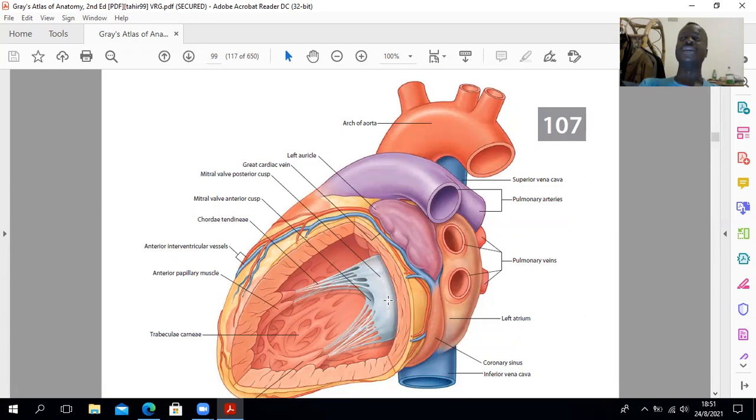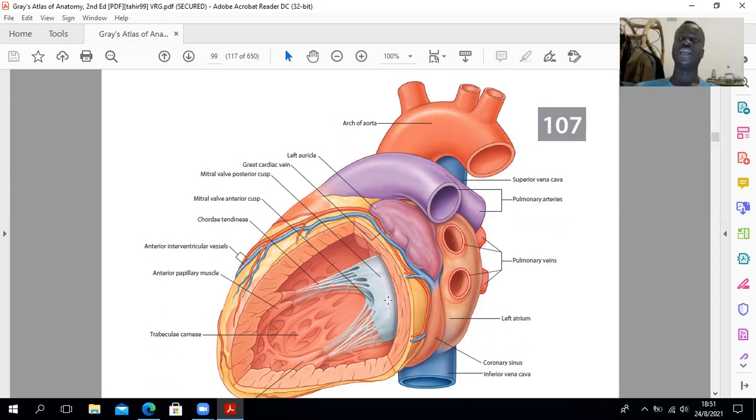Because remember, the heart is not in a true anterior-posterior axis, right? The right side is going to be more on the anterior side, and the left side is going to be more on the posterior side, which is why we even say that the right coronary artery was coming from the anterior aortic sinus, and the left coronary artery was coming from your left posterior aortic sinus, right?